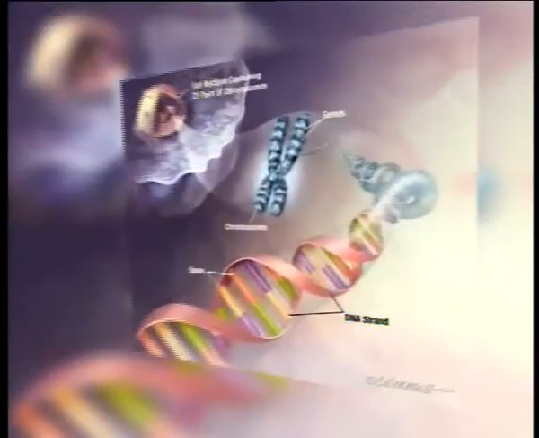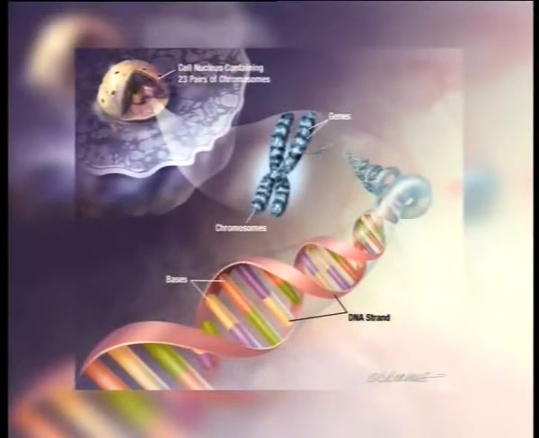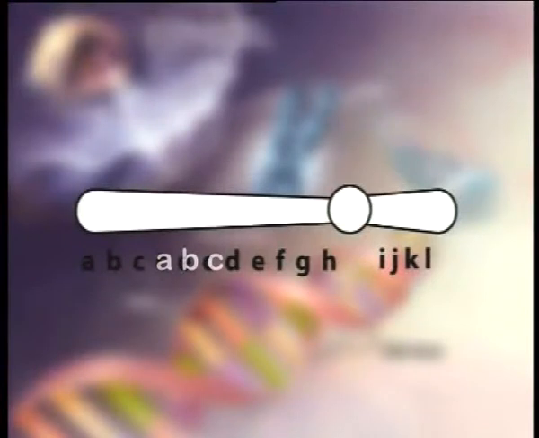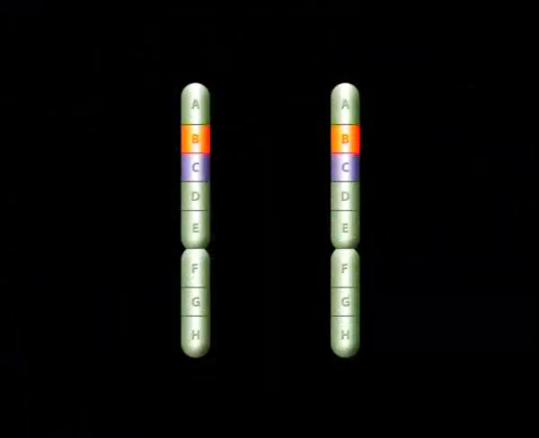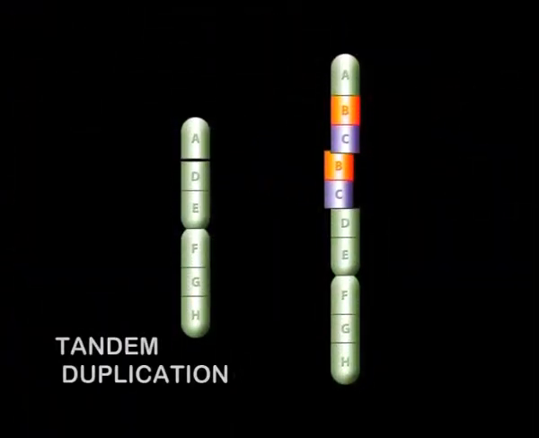Now, duplication. A duplication is a chromosomal alteration that results in the doubling of a segment of a chromosome. The extra chromosomal segment may be located immediately after the normal segment in precisely the same orientation. Such duplication is called tandem duplication.